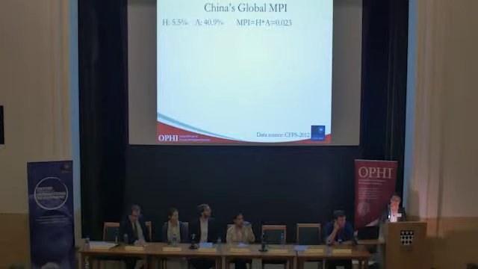However, it still affects almost 75 million people. And among these poor people, we find they are experiencing an average deprivation ratio of 40.9%. This leads to a very low result for China's global MPI, which is 0.023.